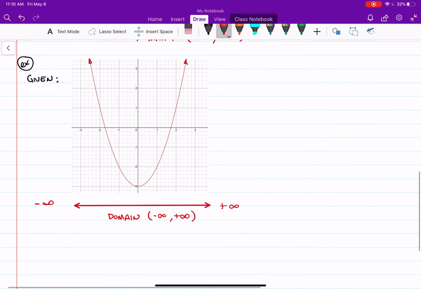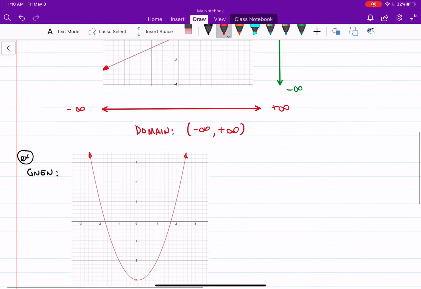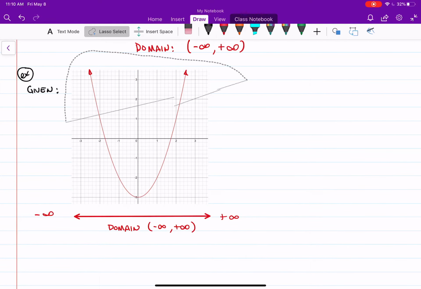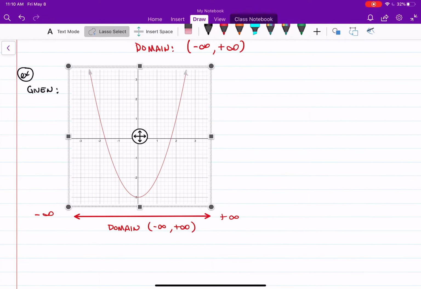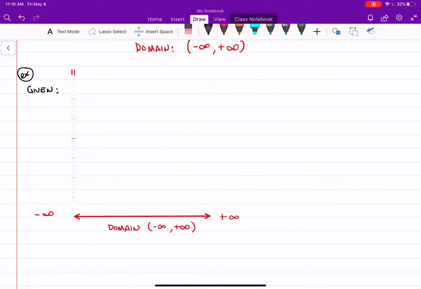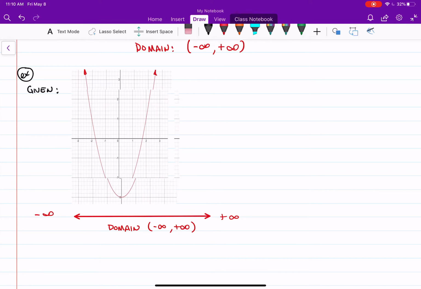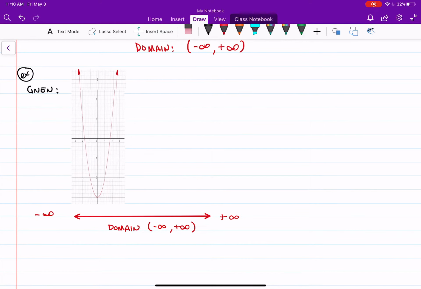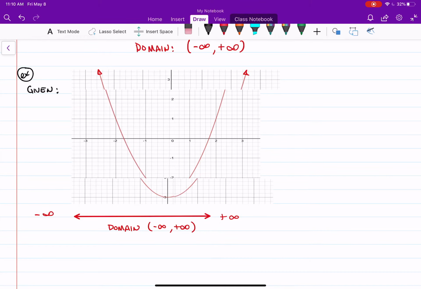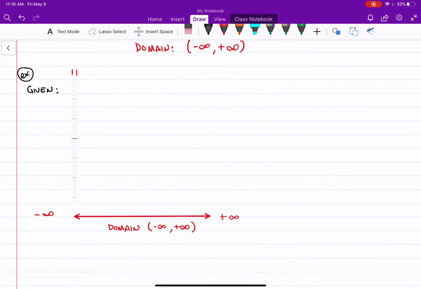Now, what about the range? The range is only the y value. So same thing, I want to squish this so that it only points up and down. Notice where the two arrows are. The two arrows are on top. They're both going to point towards positive infinity. How about the bottom? Well, the bottom stops right here. So that's where it would start.